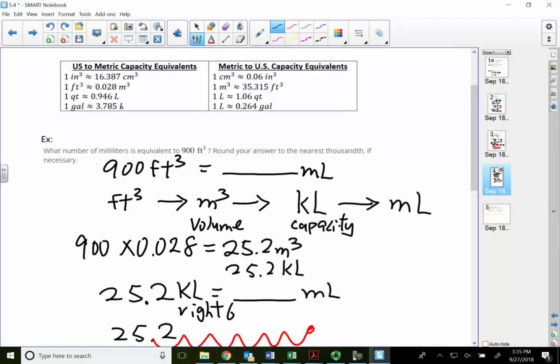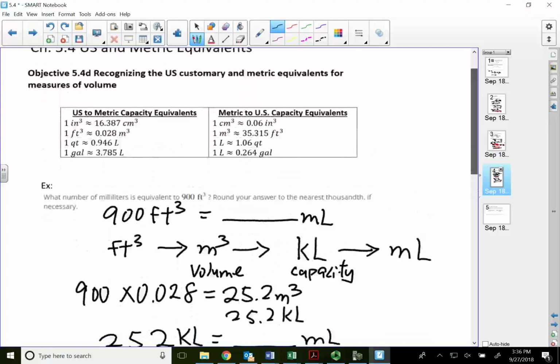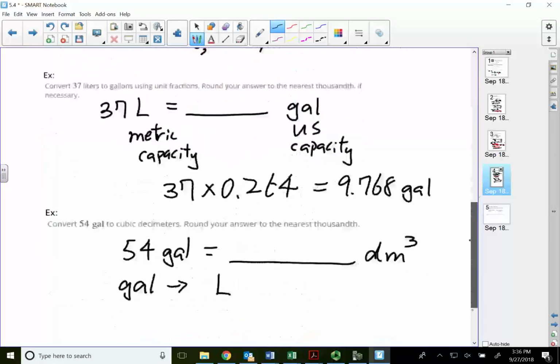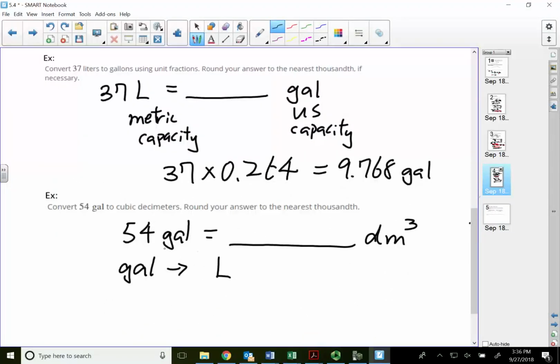This is cubic meter to feet. What can I do here? This is capacity from US, which again takes me to capacity for metric. But once I convert to metric, then I've got to figure out a way to get to the volume.